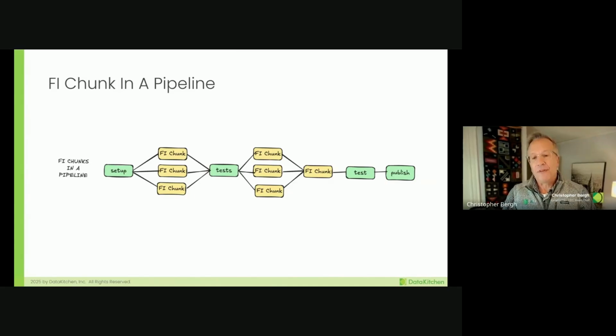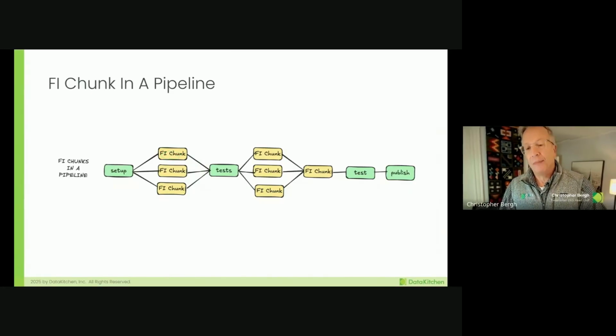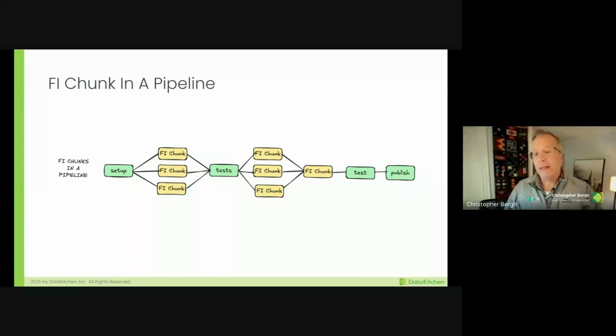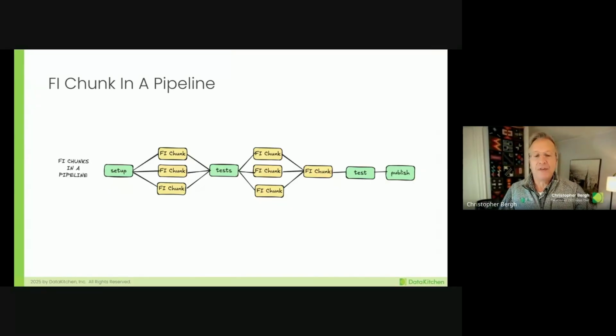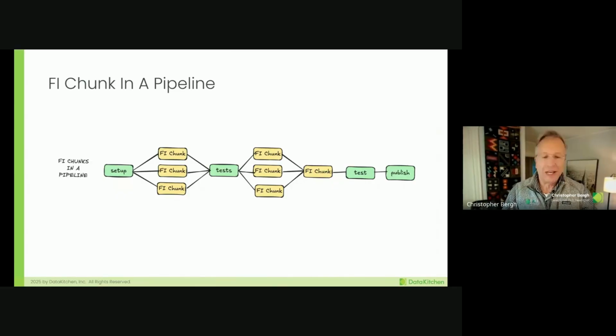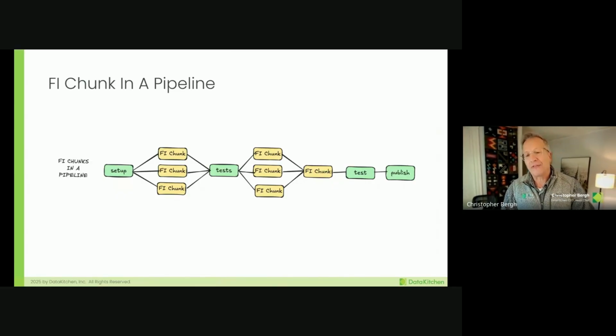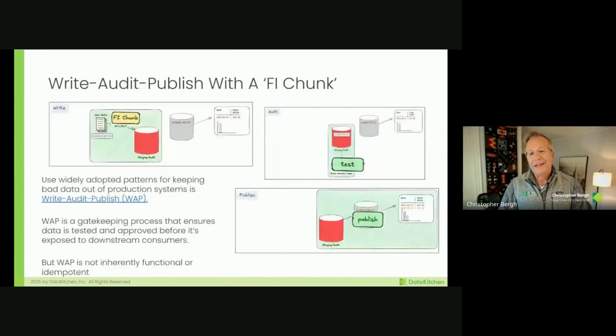For instance, when we do work in our consulting, if someone modifies a FI chunk, we always have them do a full build before they check it in to make sure that it all runs. Again, this is yesterday's data with today's code. I can hear you thinking, well, isn't that expensive in database costs? I'll get to that at the very end.